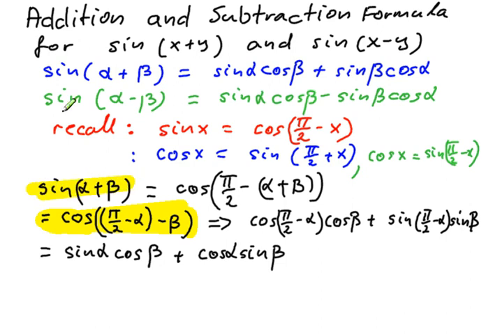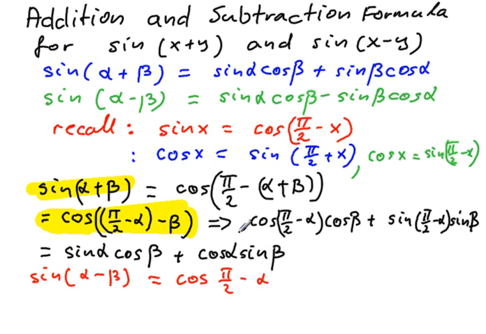Now, the difference formula. So let us do this in red. Sine alpha minus beta. So this, again, use the cofunction formula. This is cosine pi over 2 minus alpha.